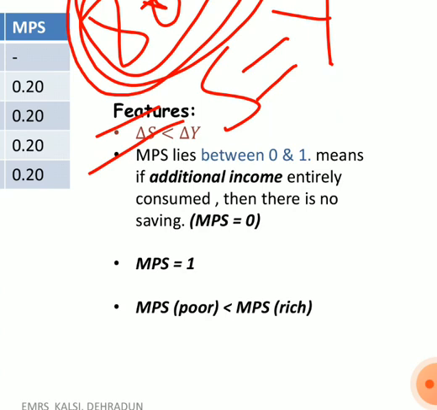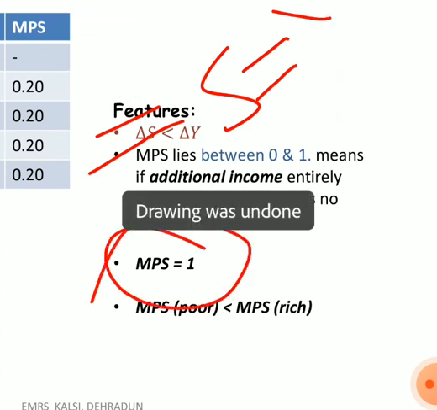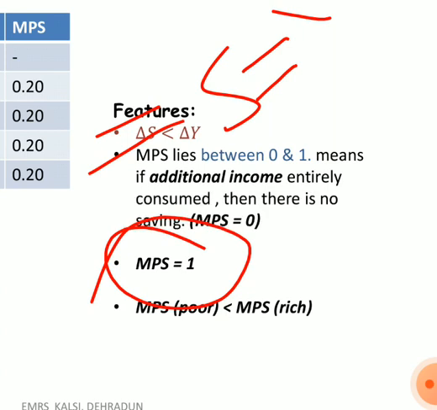You have to understand that in APS you cannot save the entire income, but in MPS you can save the entire income. So your MPS can be equal to 1, which means your saving is equal to your income. If your additional income is rupees 100, your MPS can be 1, because you are saving the entire extra income which you are earning.